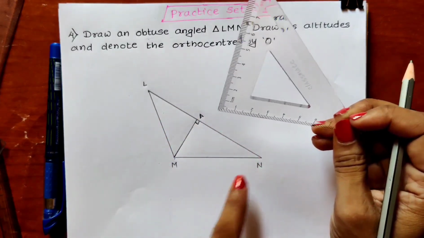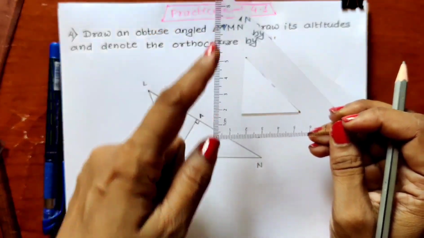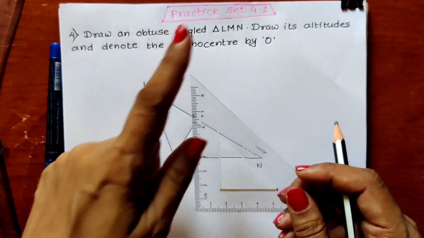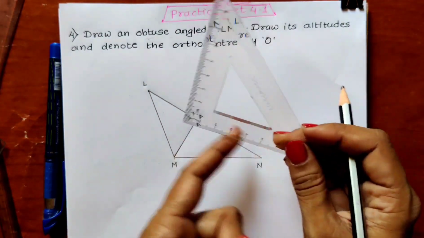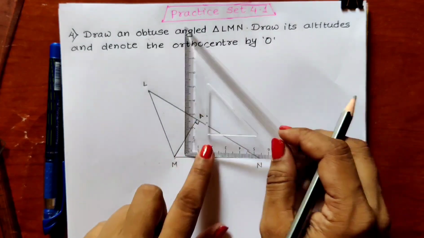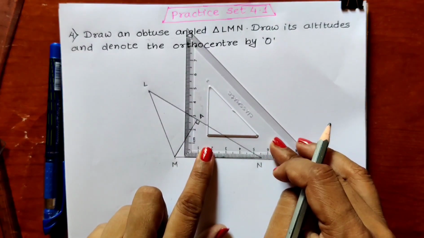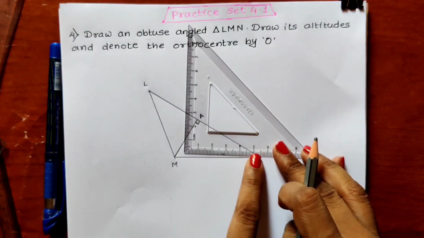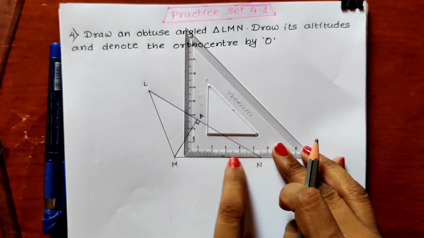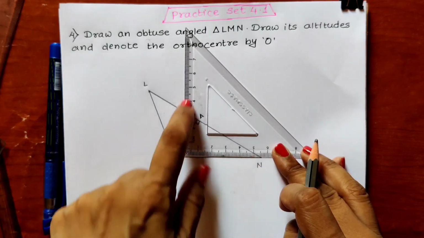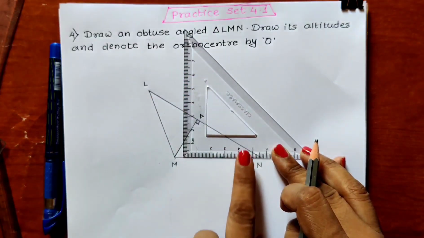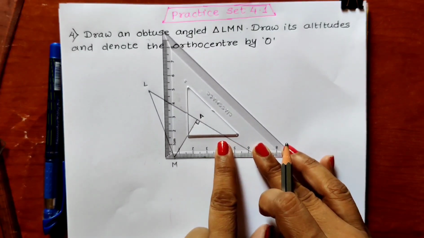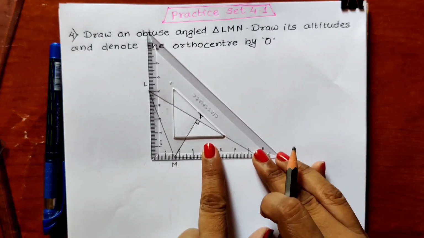One side should match with side MN and the other side should pass through point L. See here, I have placed my set square in such a way that the side is coinciding with side MN, but the other side is not passing through point L. So I have to keep on shifting my set square. I am shifting now.